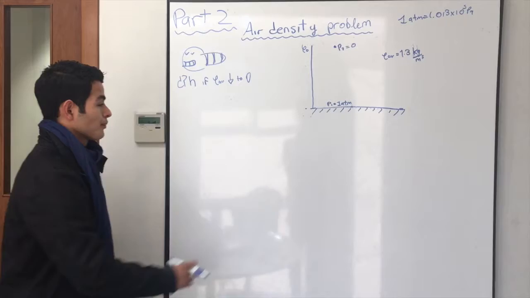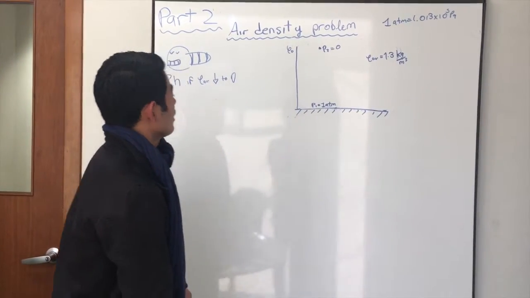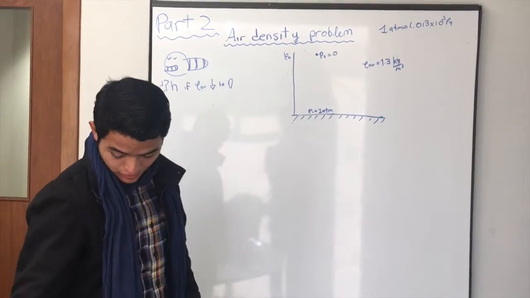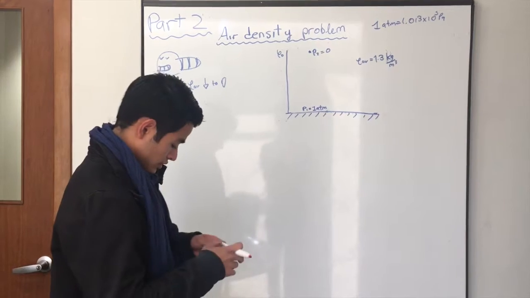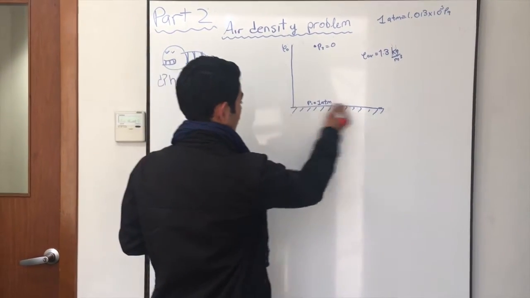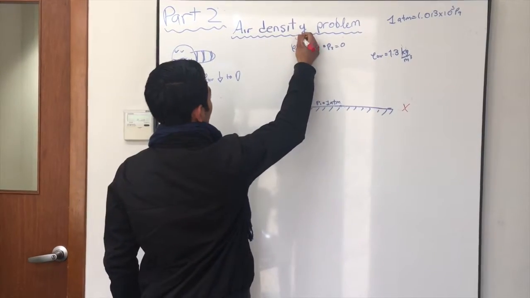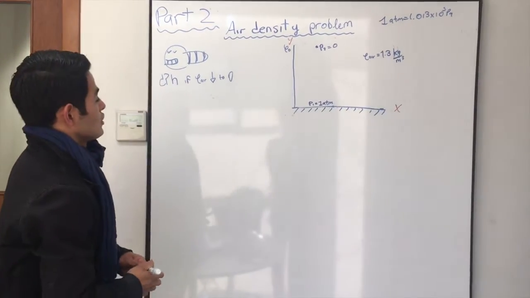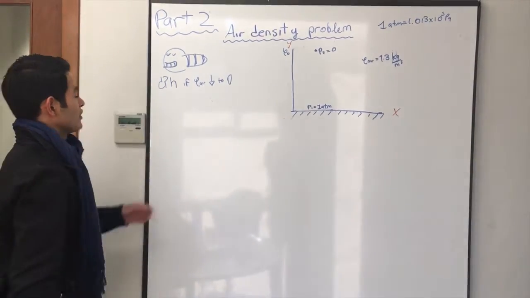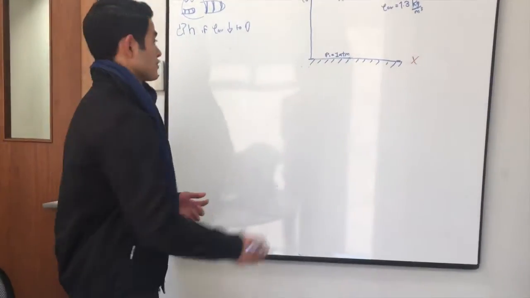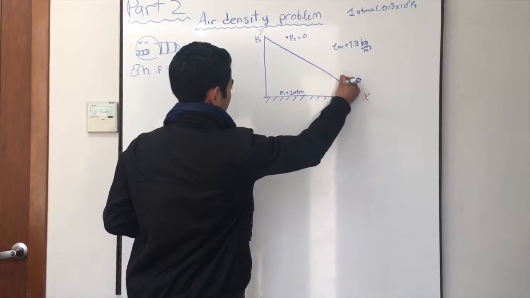So, we have this diagram that we had before, and now let's suppose that over here is our x-axis and here is our y-axis. It says that the density of the air is decreasing linearly to 0, so let's remind that the graph would be like this.